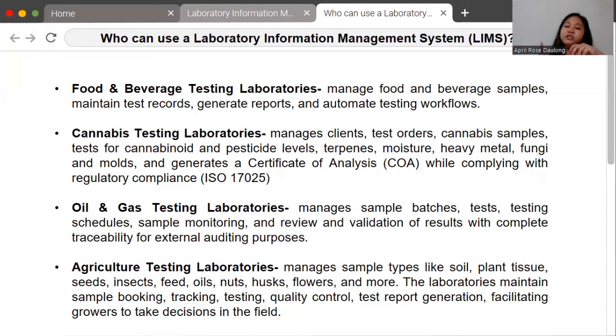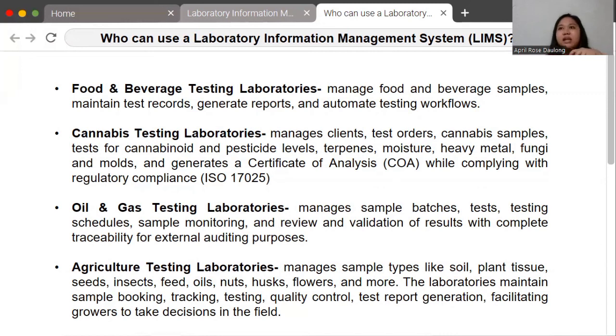So, mga ito siya, na butan management. Task management. Ito, testing schedules katong report siya daily, weekly, monthly. So sample monitoring since it can manage data, samples, and review and validation of results with complete traceability.